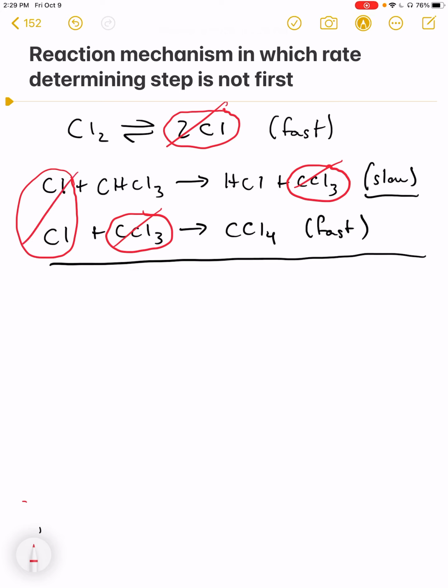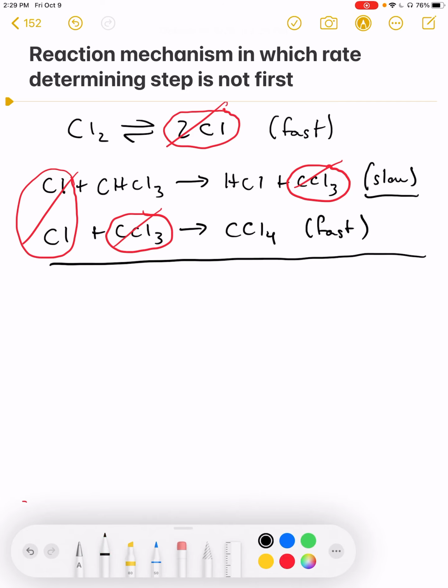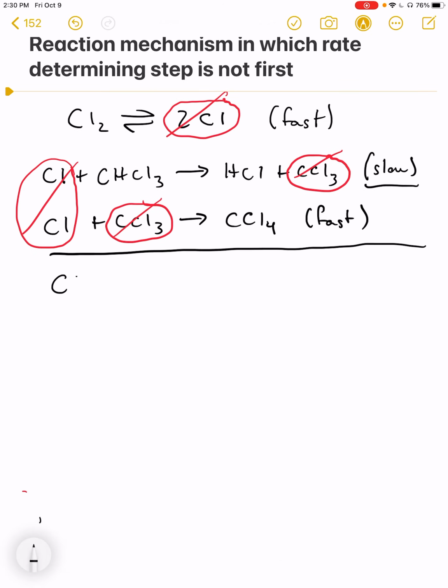So that is going to leave then, for our overall reaction, a diatomic chlorine, Cl2, and this CHCl3, trichloromethane, and they will react to form HCl and CCl4, or carbon tetrachloride. That is going to be our overall reaction.